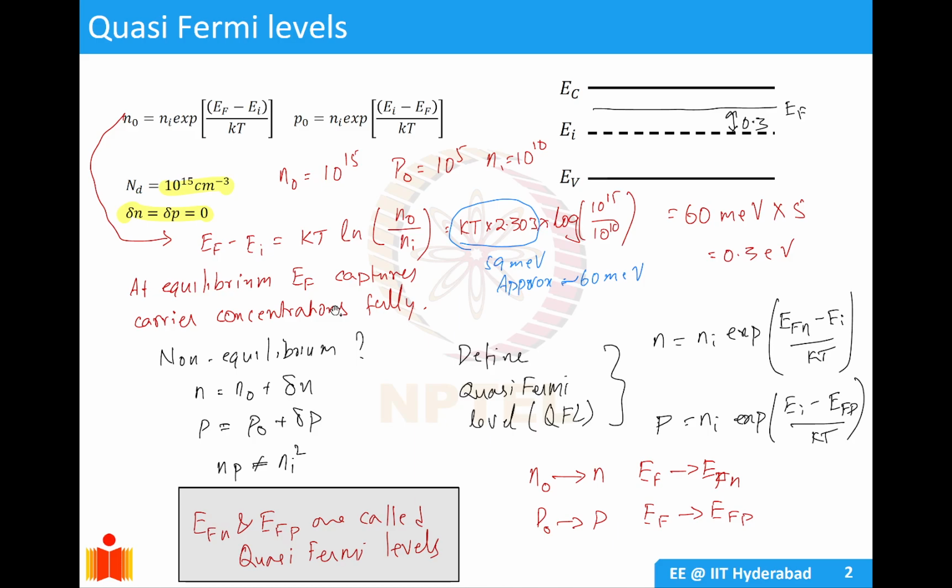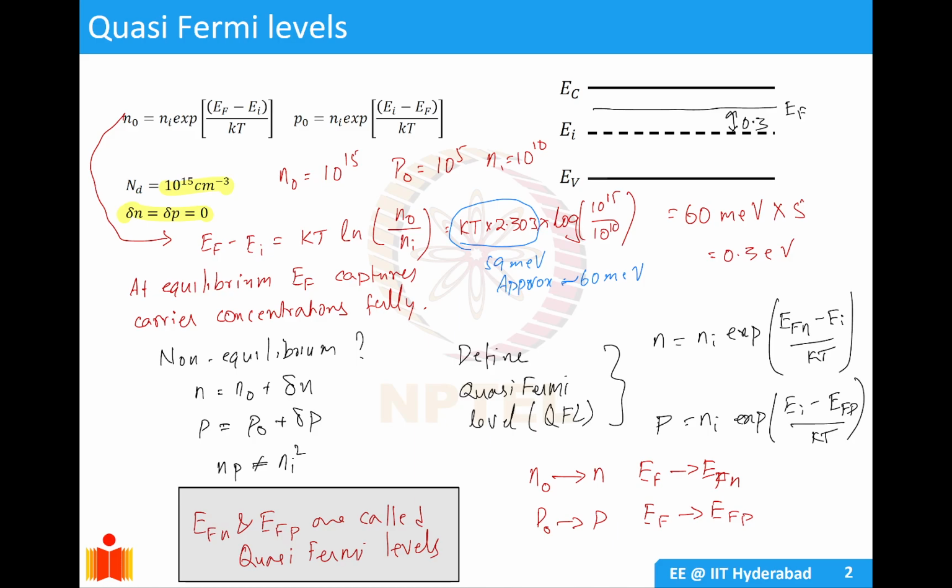But what happens in the non-equilibrium case, where n and p are not equal to ni square? There, this one single EF value can't give you both the n and the p values. You will need two different levels.